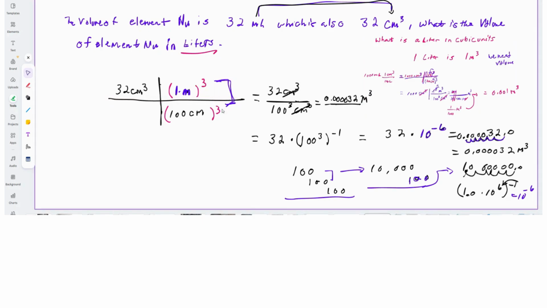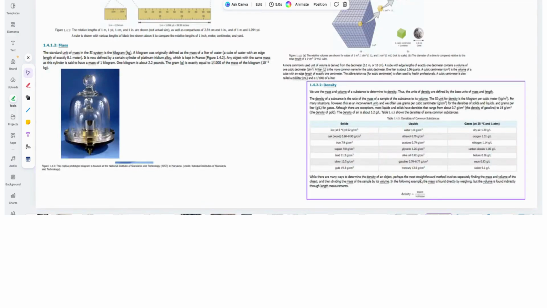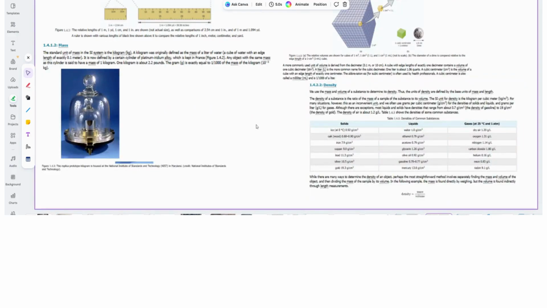I'm not going to say I remember every little unit, but if you know what you're doing, you can always look up a conversion. Notice how 1 meter and 100 centimeters is something most people know. So if you want the cubic version, like the meters cubed or the volume, well, here you go. That's how you get it. You don't need to look it up. You need the more basic version.